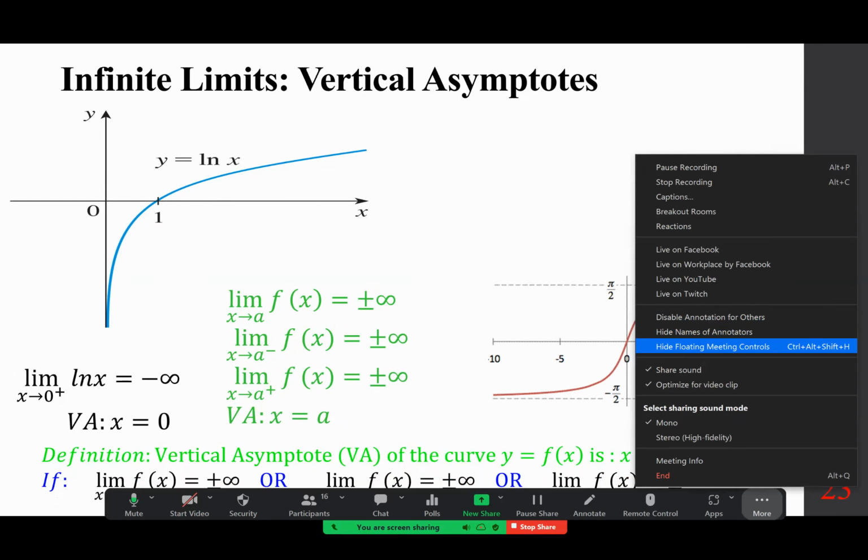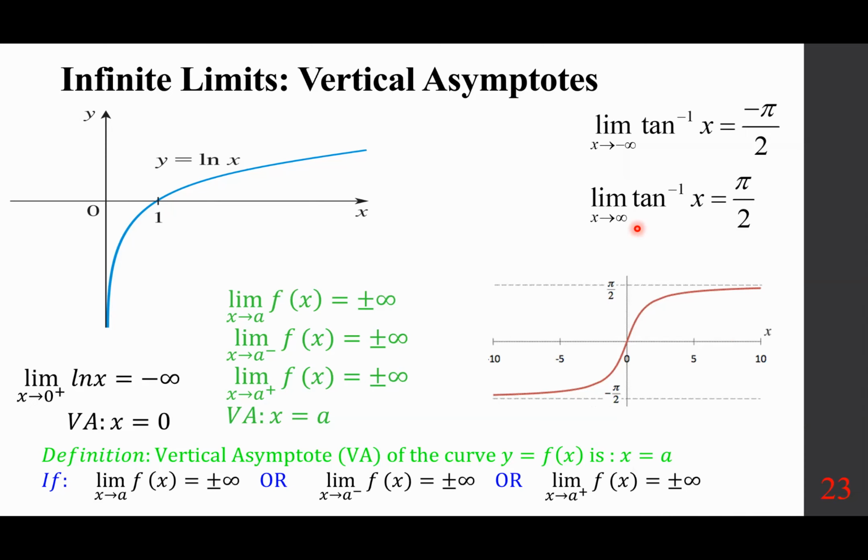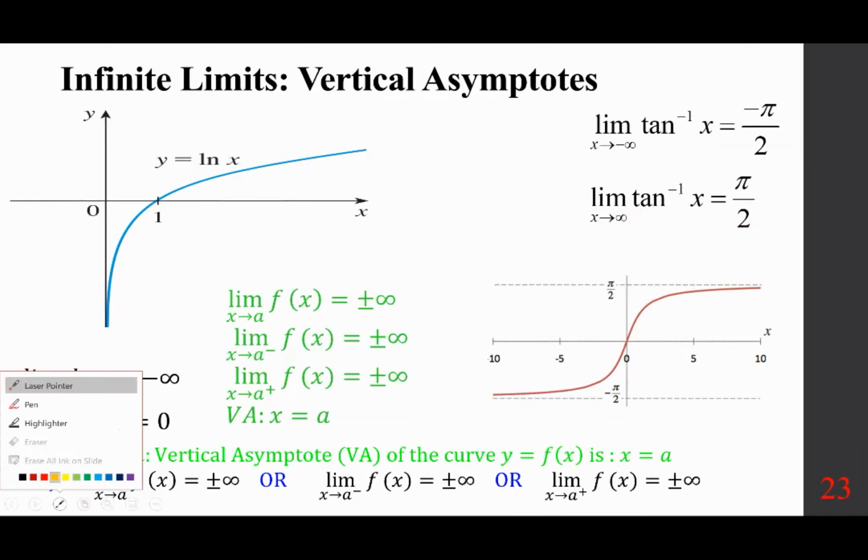Now a reminder about horizontal asymptotes. In the case of this function, normally we don't have more than one horizontal asymptote, but in this case we do. This is the tan inverse. The limit of tan inverse of x as x approaches minus infinity is minus pi over 2, and the limit as x approaches infinity is pi over 2. Perhaps this will help to remind you.